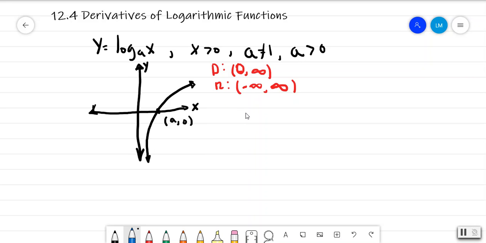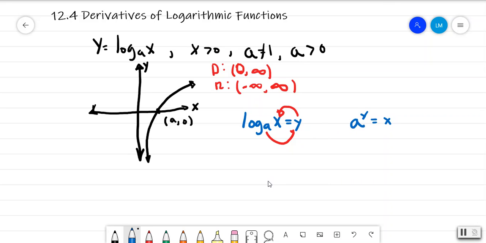So for example, if I have log base a of x and that's equal to y, I can change it from what I call logarithmic form to exponential form by rewriting it as a to the y equals x.